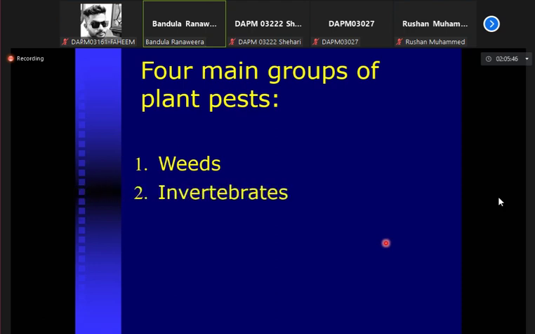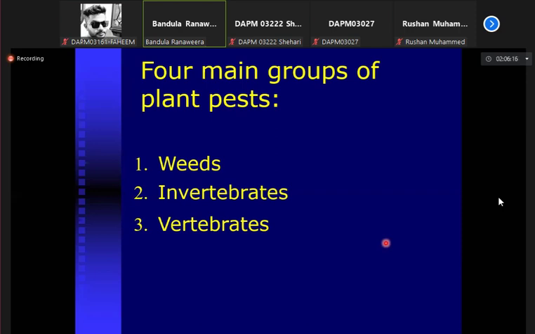Then another group, invertebrates, that means the organisms without vertebra, the spine or spinal cord. Anyway, invertebrates. Then not only invertebrates, there are vertebrate organisms who are damaging our crops.